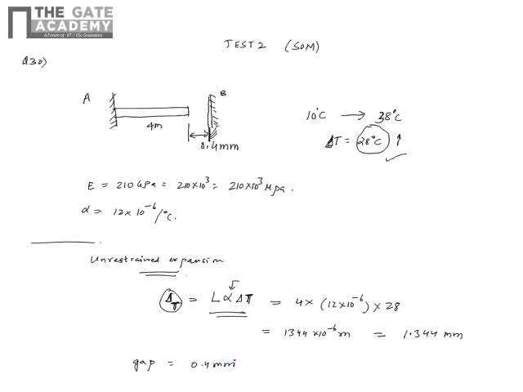After that it can't expand because the wall is rigid, and a compressive force comes from wall B, so the net deformation is only this.